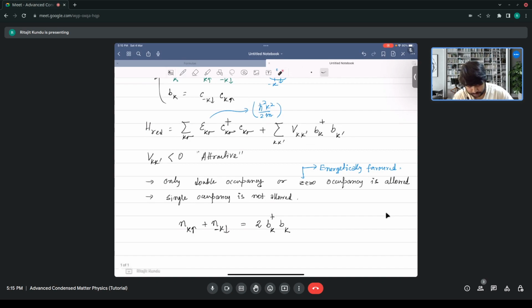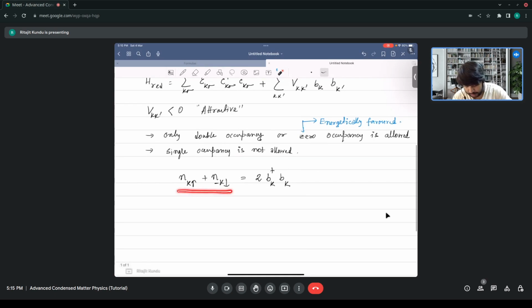Let's say I have two states, this is my k and this is my minus k. The interaction now allows me to put one particle here and another particle here. If you count that, this gives you two particles, so the left hand side would result in 2, since nk up and nk down is 1 plus 1.